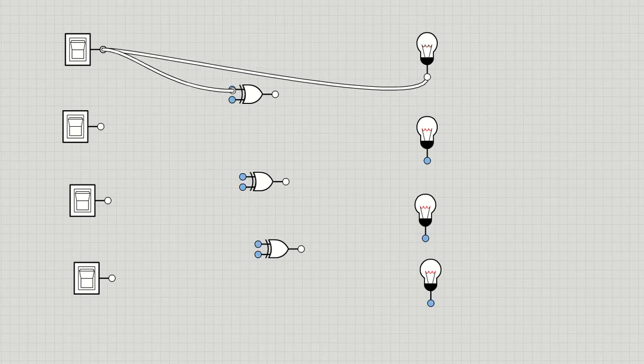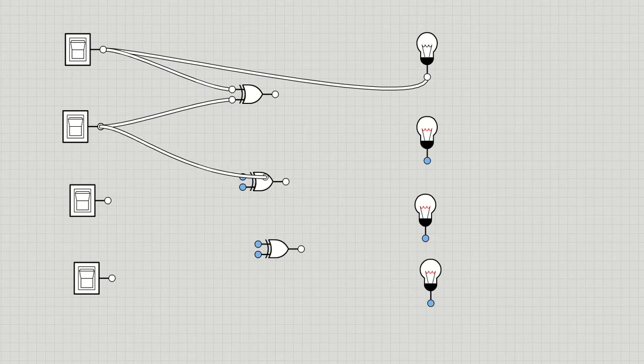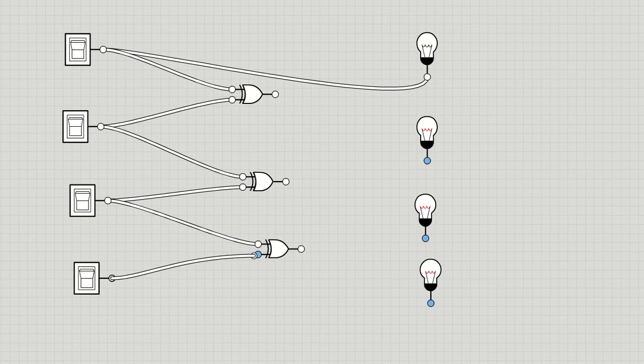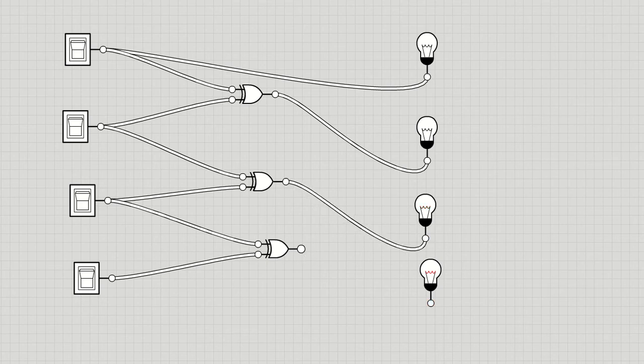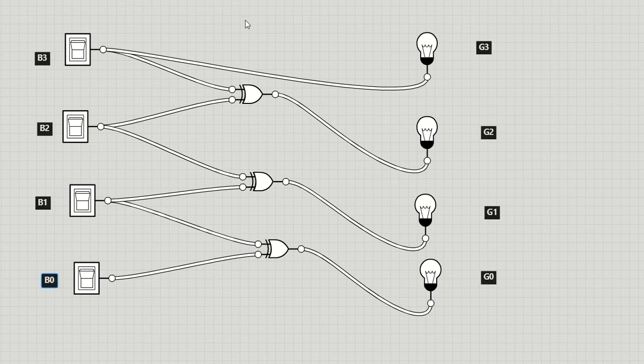Now the first input is given to the XOR. Now the XOR circuit is connected to the light. Now the circuit is designed successfully.